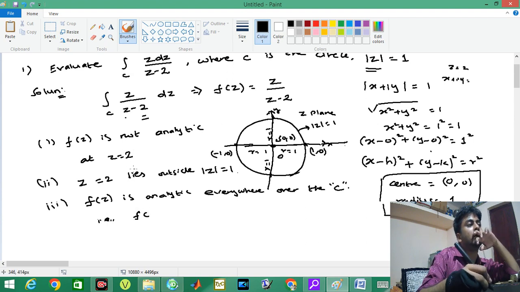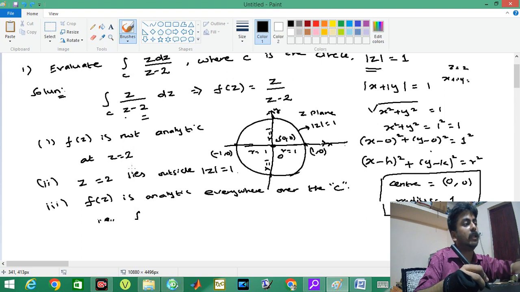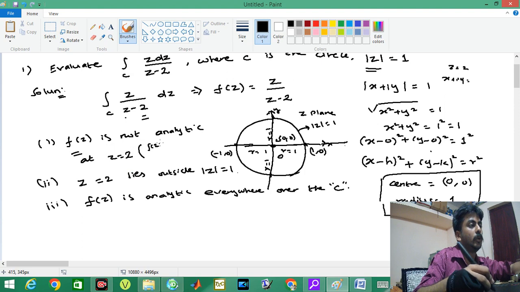So instead of telling this at the third point, I am telling this at the first point. What does the first point say? f of z is analytic everywhere except at z equal to 2.